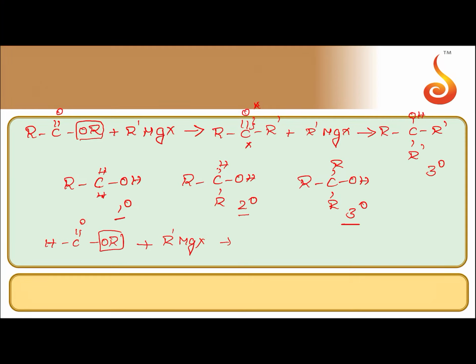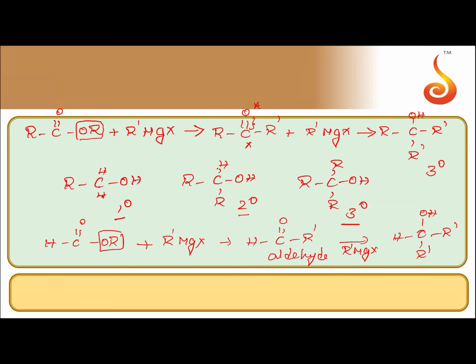Remove OR and put R dash of Grignard's reagent. So what will I get? HC double bond O R dash, means it is aldehyde. Aldehyde reacts with excess of Grignard's reagent, no? Aldehyde again reacts with Grignard's reagent. So what will I get? I will get a secondary alcohol there.